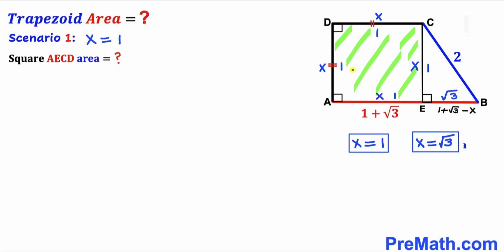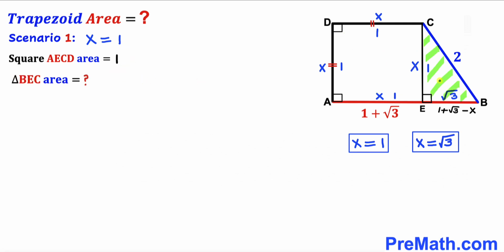And now let's go ahead and calculate the area of this square AECD. Let's recall the area of a square formula, area equals s squared, where s is the side length, and in our case the side length of this square is 1. So therefore this area AECD is going to be 1 squared, that is going to be equal to 1.